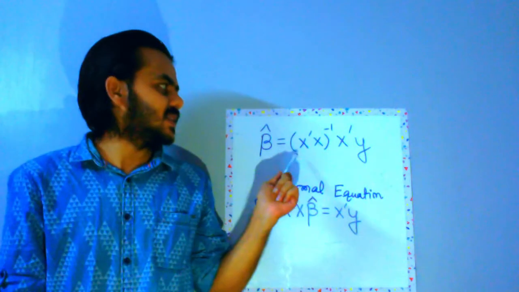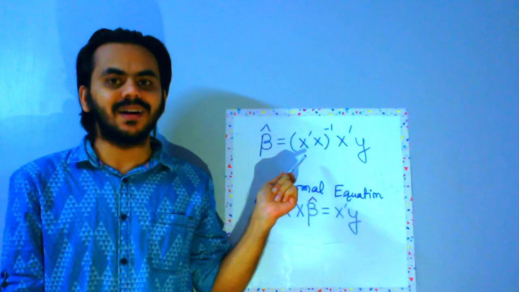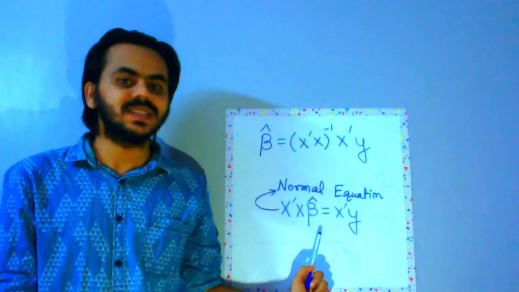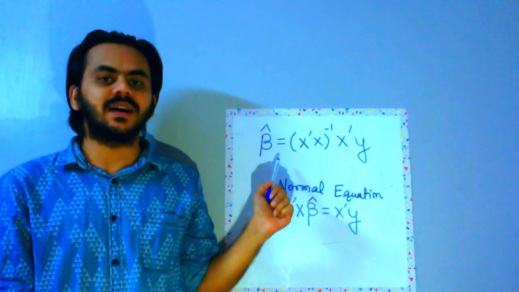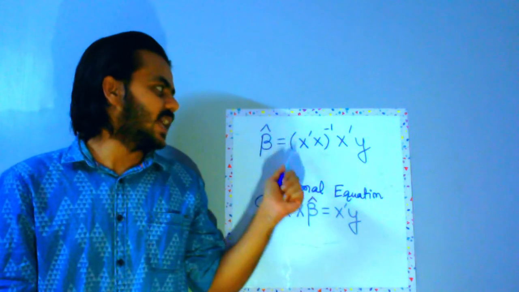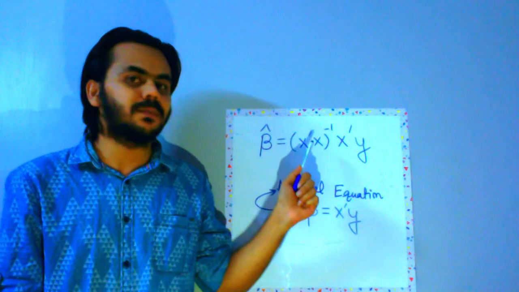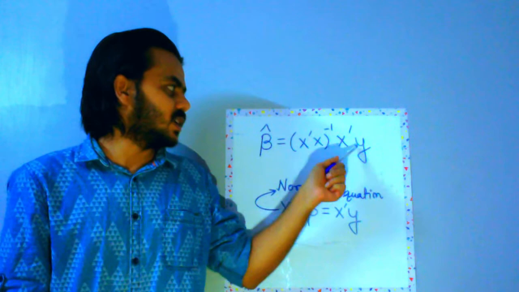Hence, this is the estimate for beta, or beta hat, and this is the normal equation which helped you get the estimate, which is x transpose x inverse multiplied by x transpose y.